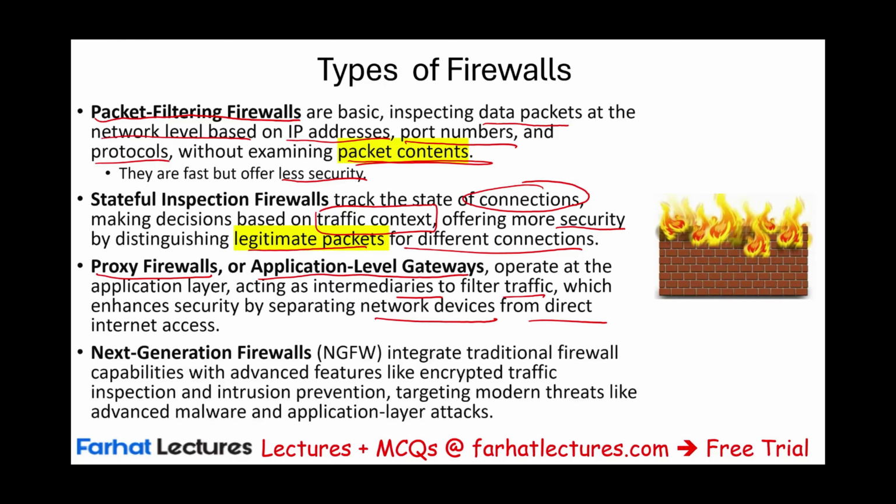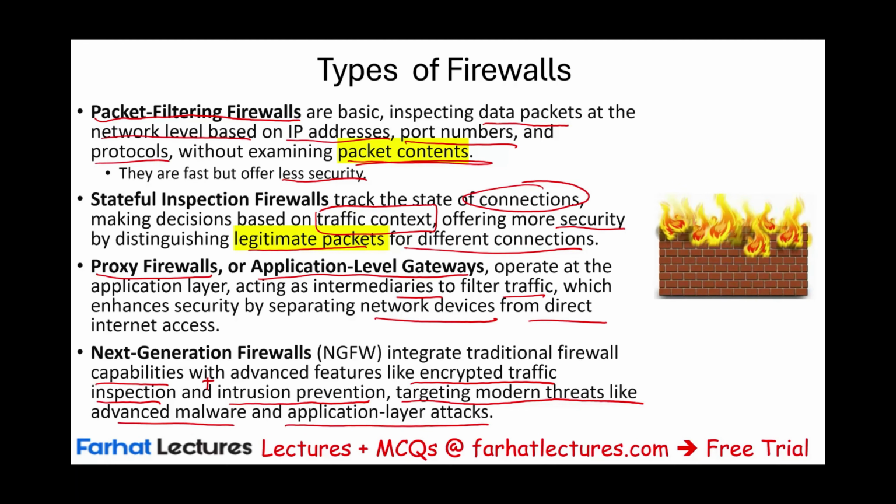And obviously you have the next generation firewall, and as the name implies, it integrates traditional firewall capabilities, what we saw above, plus advanced features like encrypted traffic inspection and intrusion prevention, targeting modern threats like advanced malware and application layer attacks. So obviously the next generation firewall is the best. The point is firewalls are evolving as security attacks are evolving.